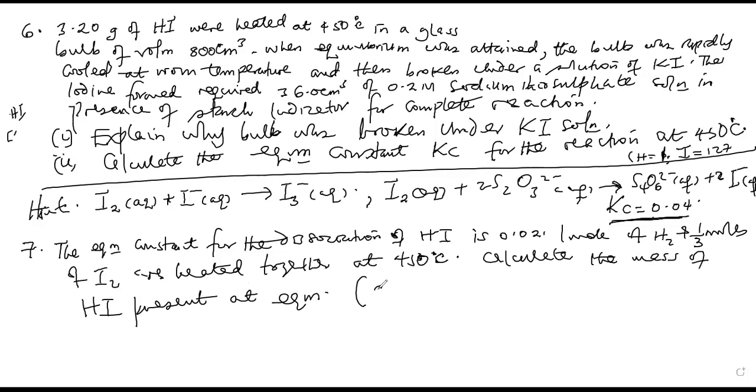You should get the mass as 82.176. Hint: the equilibrium constant for dissociation is 0.02. But they have given us moles of hydrogen and moles of iodine, meaning that if the Kc for the dissociation is this, the Kc for association of hydrogen and iodine would be the reciprocal of this.